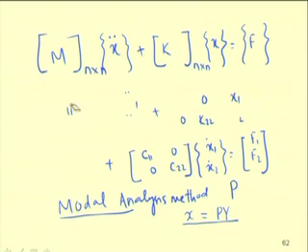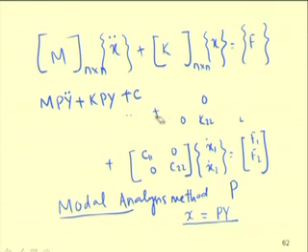By substituting this, I can write the equation as M P y double dot plus K P y plus C P y dot equal to f.